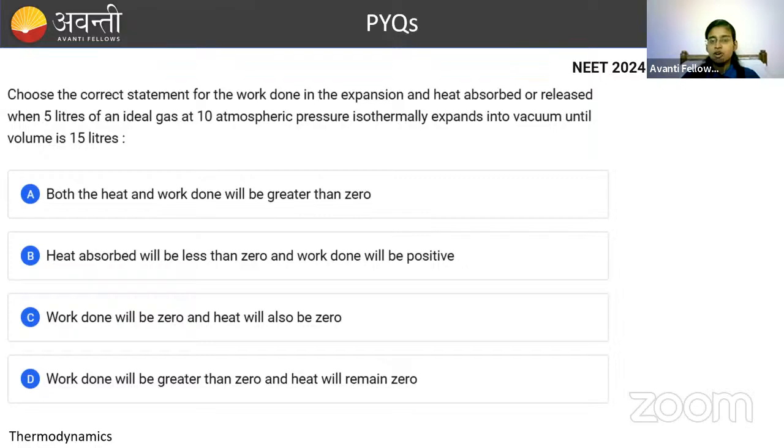Which among the following is correct? And the condition is isothermal.